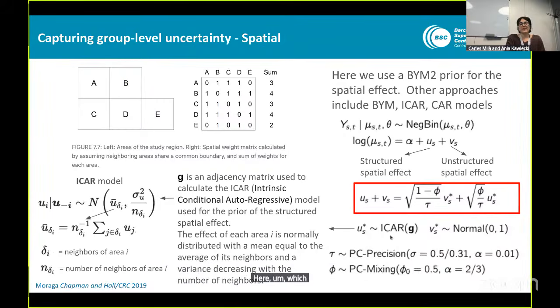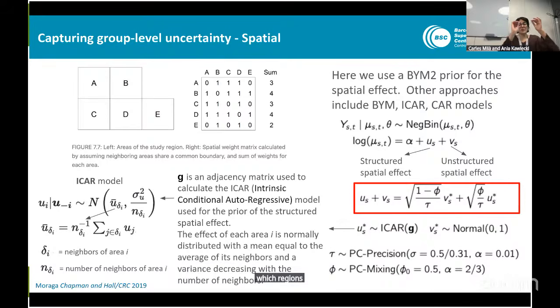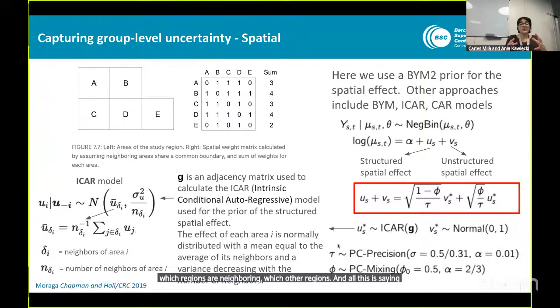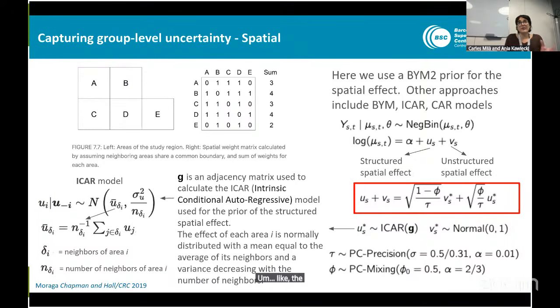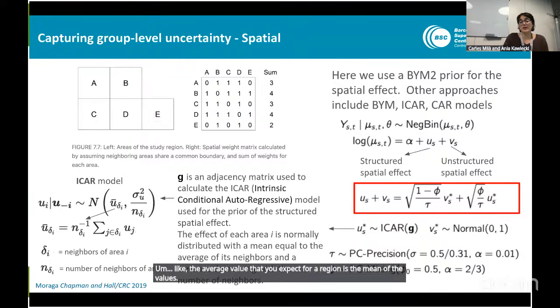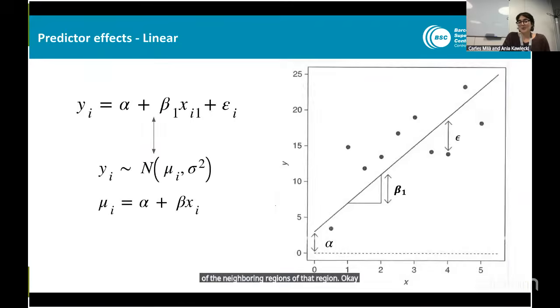Basically you need to have an adjacency matrix in order to calculate this, which is a matrix that tells you which regions are neighboring which other regions. And all this is saying is that the average value that you expect for a region is the mean of the values of the neighboring regions of that region. Okay, moving on.